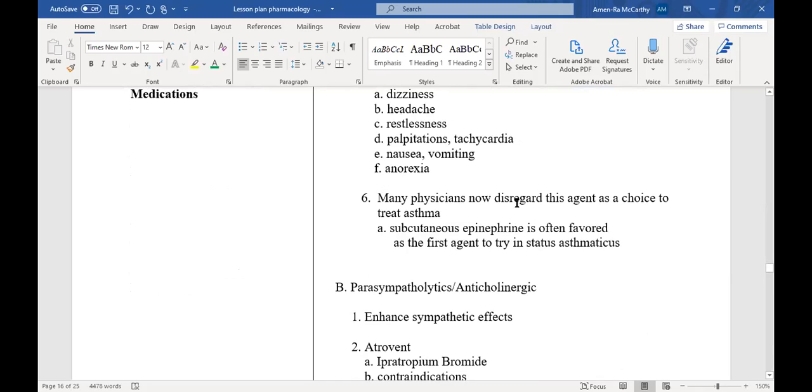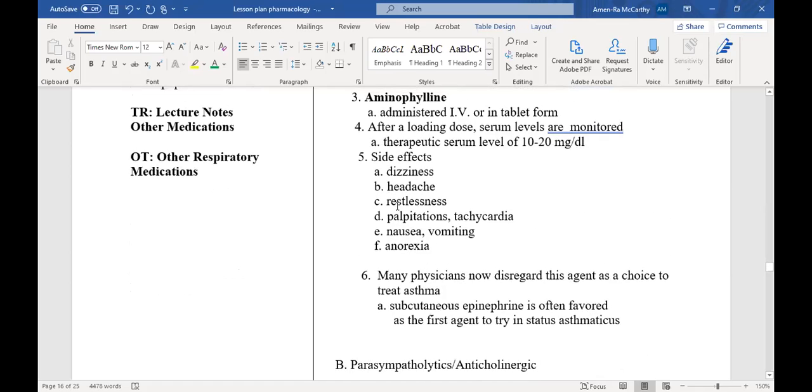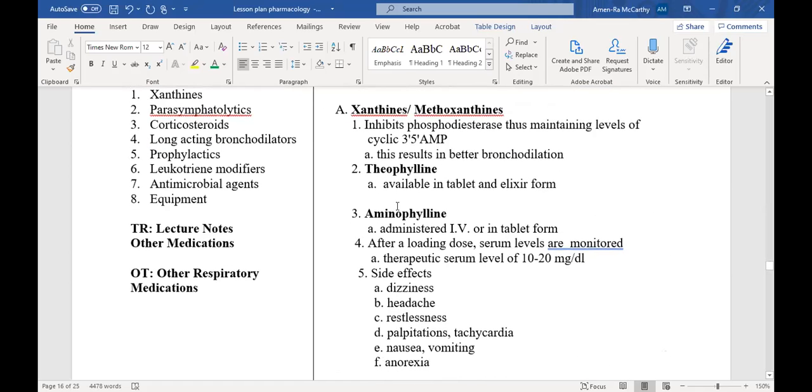Number 6 just says many doctors now disregard this agent as a choice to treat asthma, right? You used to use xanthines to treat asthma. Asthma is going to cause their lungs to bronchospasm. Well, we can not only give them the anticholinergic to keep them from constricting, but we can also give them theophylline or aminophylline all the time, just as a prophylactic for asthma, right?